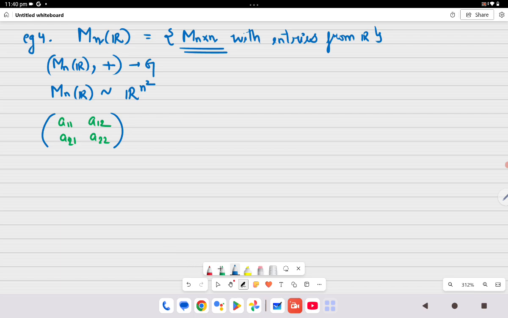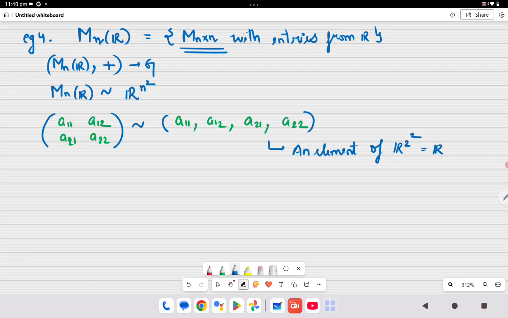This can also be observed as a11, a12, a21, a22. So what is this? This is an element of R^(2 squared), that is nothing but R^4. This is an element, a tuple, of R^4.